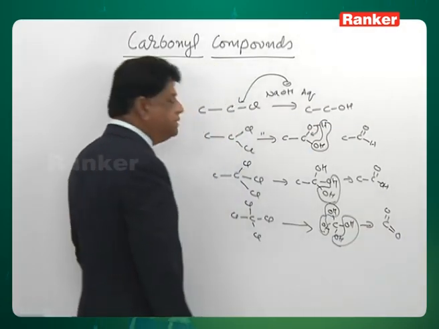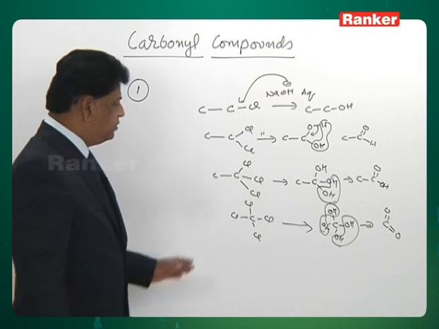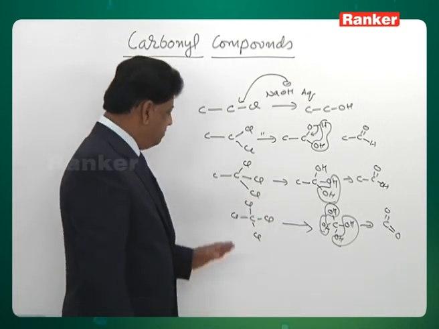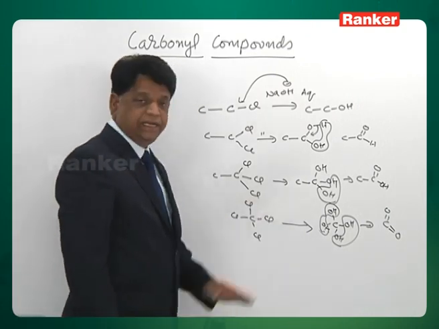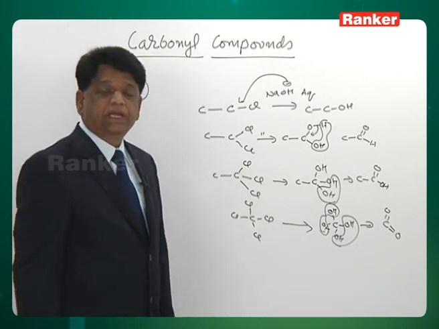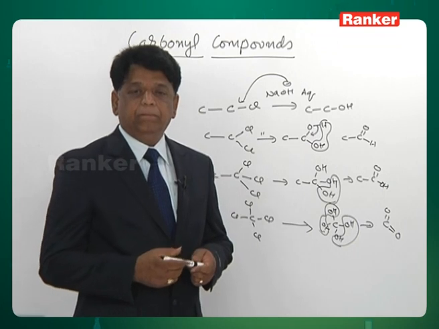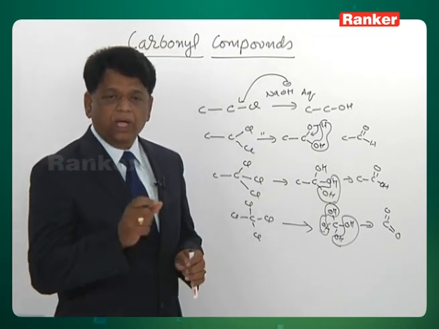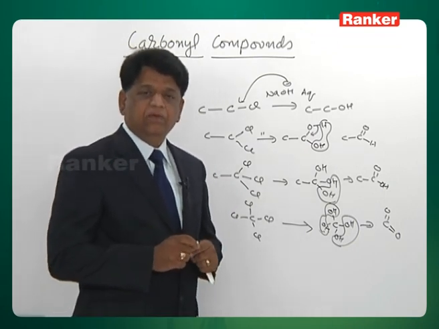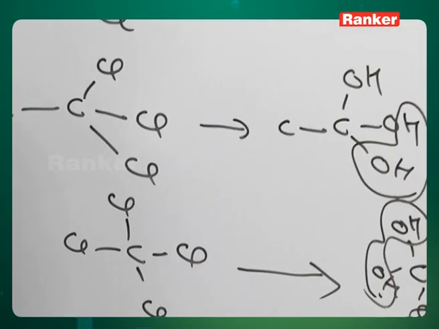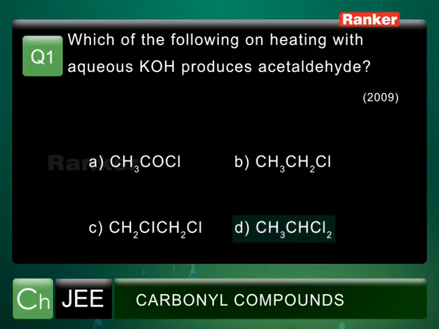That is what happens in most of the organic compounds. When you burn them, you will get carbon dioxide. However, here it is a hydrolysis reaction. So the concept is very clear. The question is asking about 2 halogens, and if it is there, you will get acetaldehyde. So option D is the right answer.